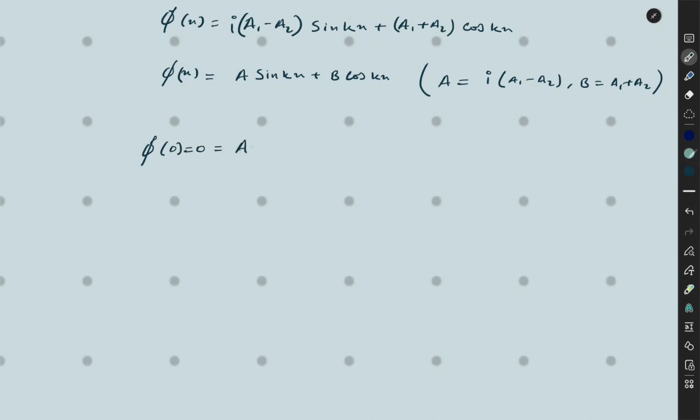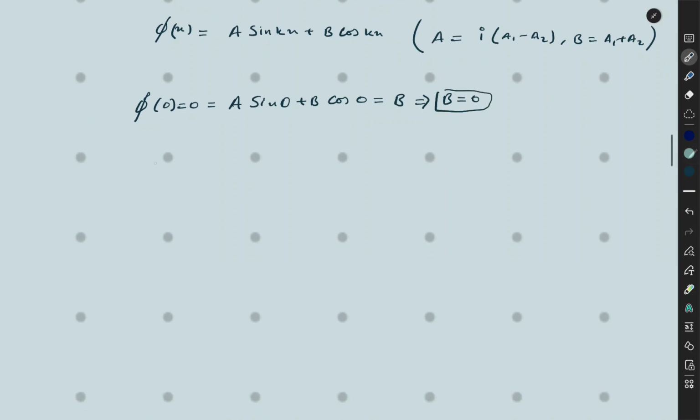Then we will get A sin 0 plus B cos 0, which becomes B. So from here we are getting B equal to 0. So if B equal to 0, then our wave function phi of x is reduced to A sin kx.